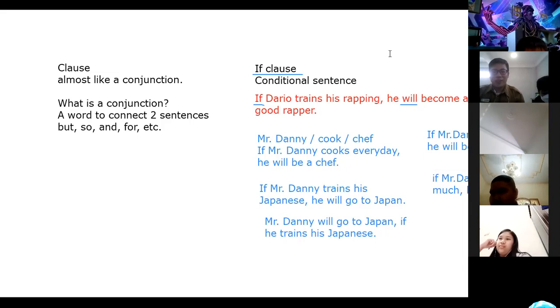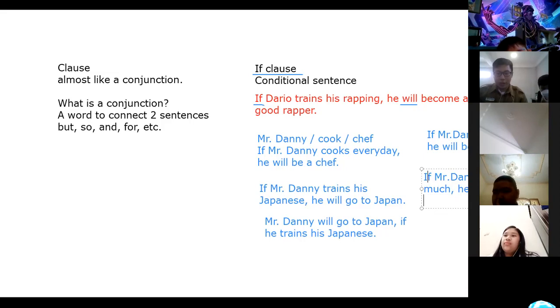If Mr. Dani eats very much, he will be very fat. I think you can use another word for that one, because if you use just very, it will be kind of redundant. Okay, if Mr. Dani eats a lot, he will be fat.